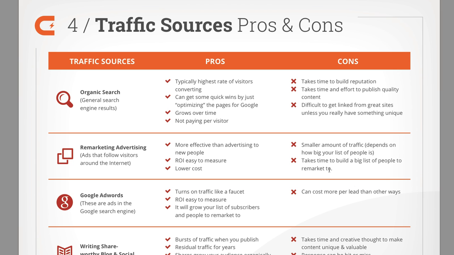So the con with AdWords, I would say the biggest thing is it can cost more per lead than many of these other methods. It really just depends. Sometimes it doesn't.